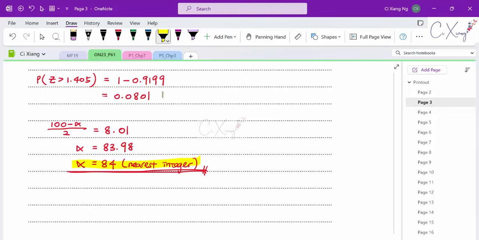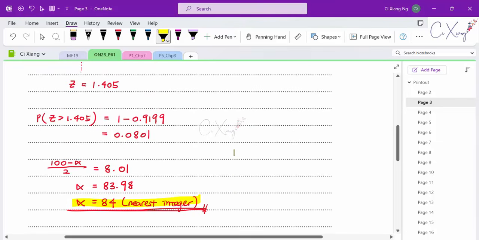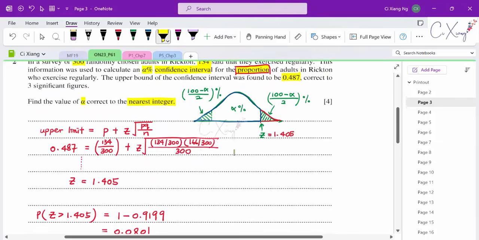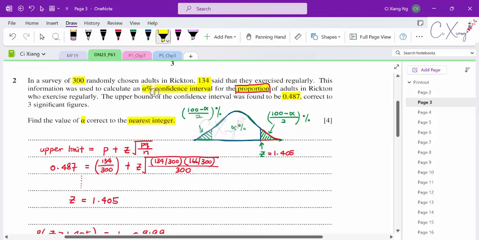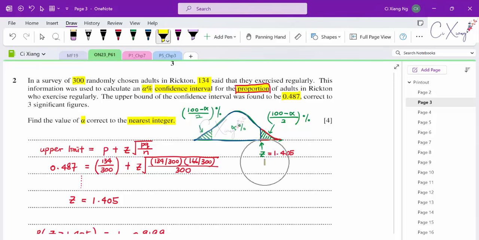Okay, so this is how we decide the alpha. Every time they want you to find the alpha percent in the confidence interval, the very first thing is we have to find the value of Z for this particular confidence interval. Only after that can we calculate and get the value for alpha.